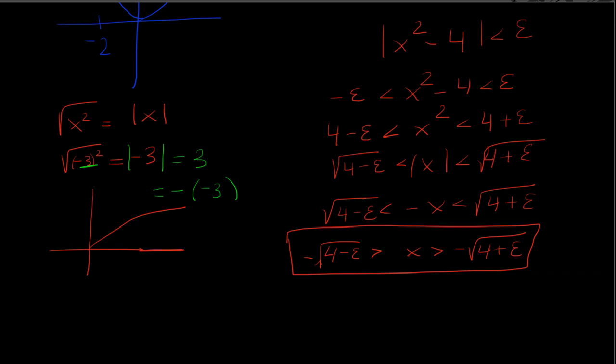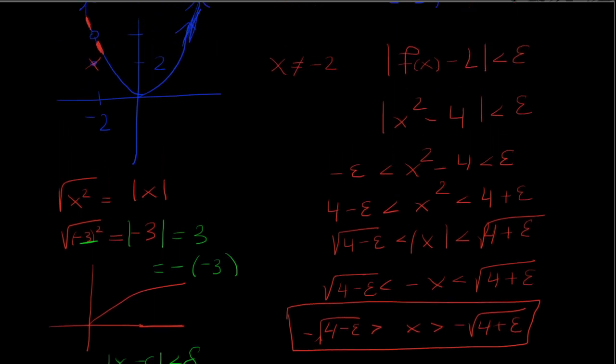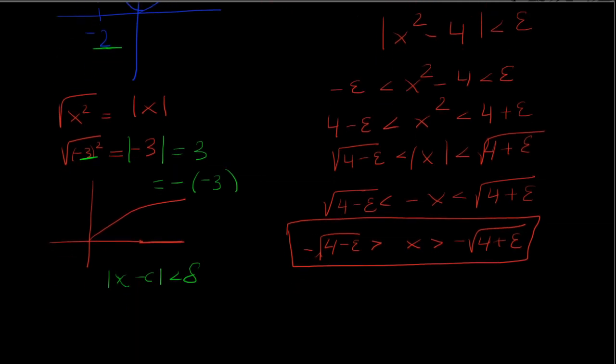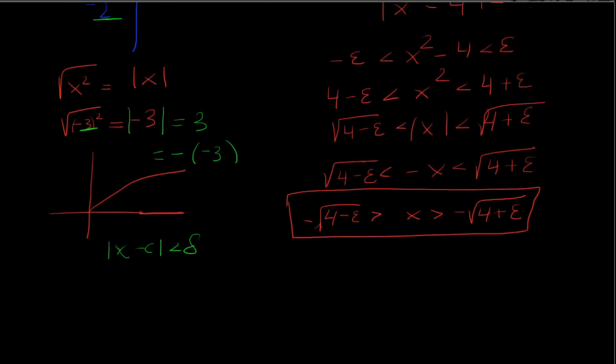Okay, the second one, we're going to be looking at the absolute value of x minus c being less than delta. c is the x value that we're approaching. So if we go up, c was the negative 2 in this case. So we'll have absolute value of x minus negative 2, which will just be plus 2, less than delta.